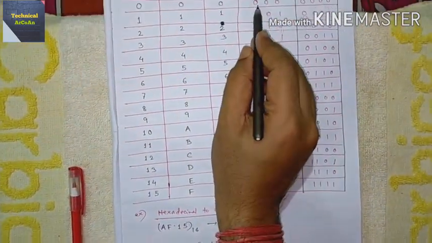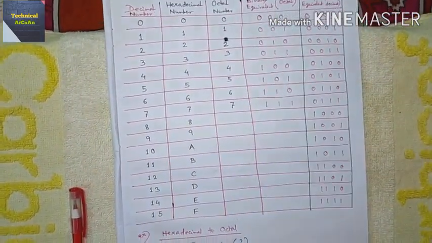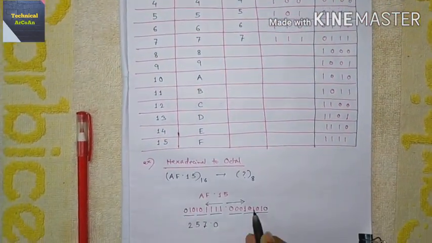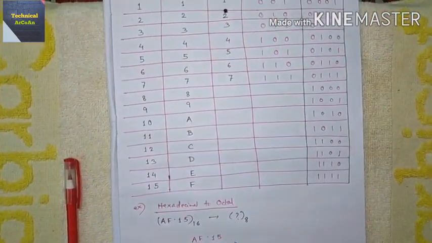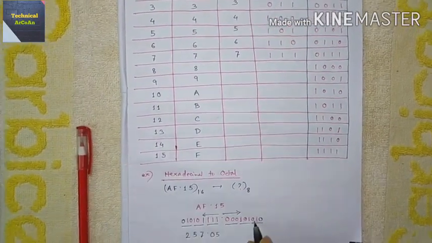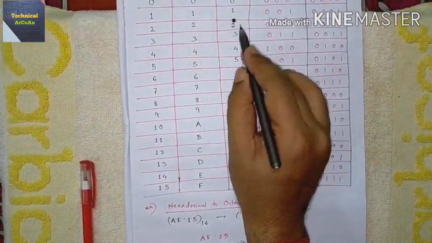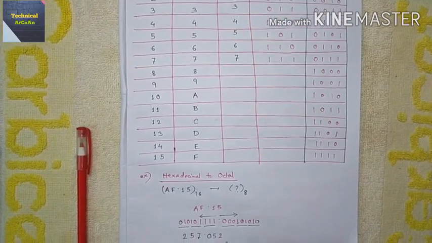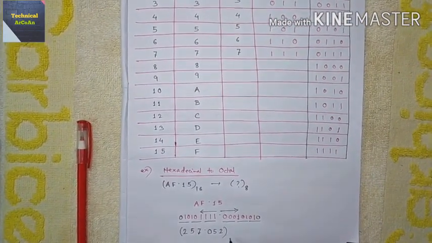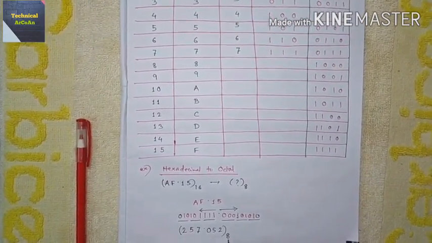And 101 will be again 5, and 010 will be 2. So this will be your result, and we write it in octal, means the base is 8.